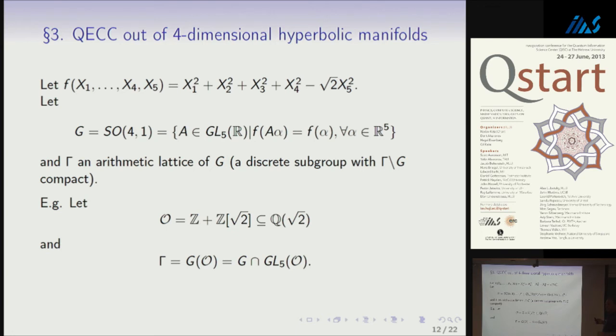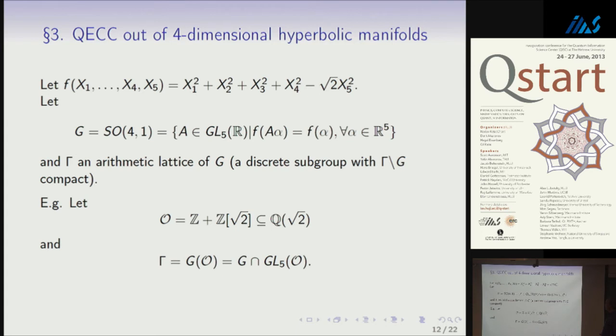So up to now, if we take the following quadratic form, f(x1, ..., x5) equals x1 squared plus ... minus square root of 2 times x5 squared, we take the group preserving this quadratic form over the reals, and gamma an arithmetic lattice of this Lie group G. An arithmetic lattice means the points over the ring of integers.